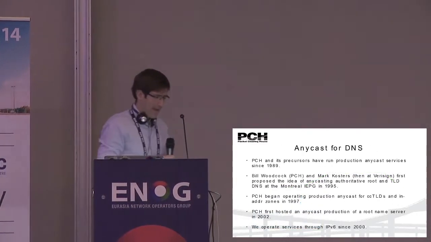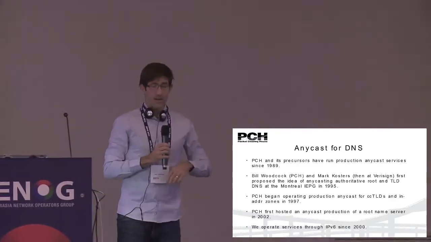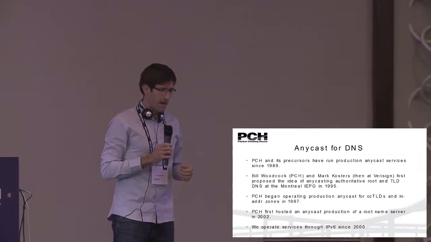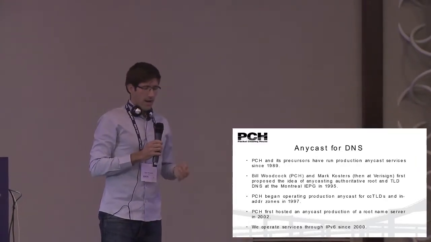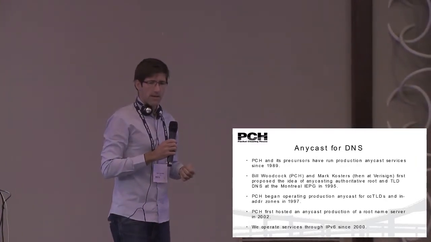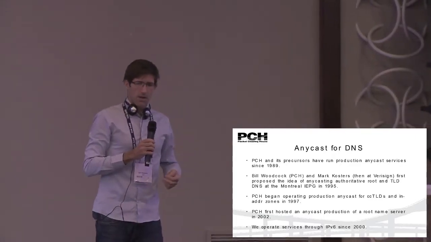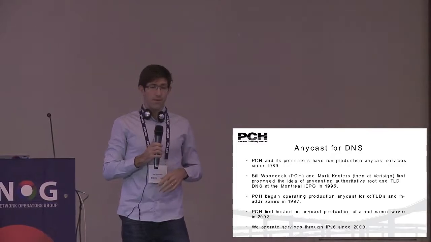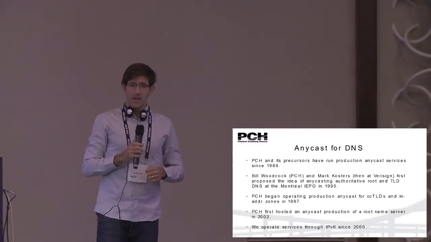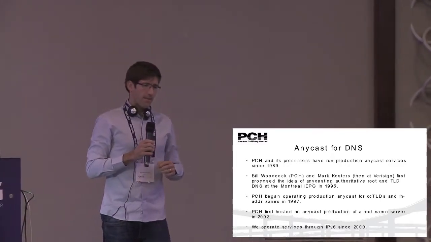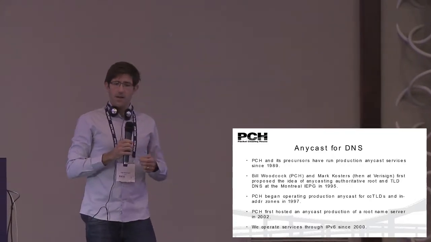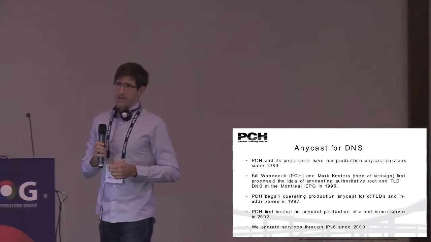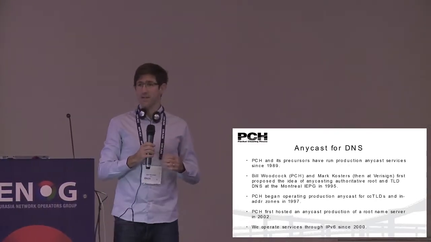So Anycast and DNS has a long history. It is not something new. It's been operating for many, many years at PCH, and some people before PCH have been running it since the end of the 80s. And the idea of anycasting some root and TLD of the DNS happened back in 1995.